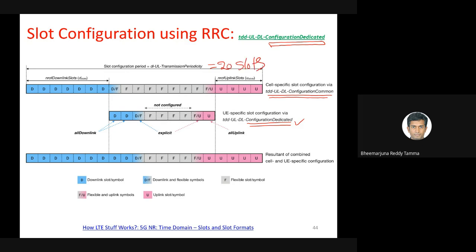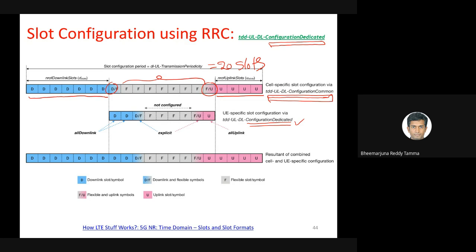These slots are for downlink, these slots are for uplink. These are the 2 special slots, and these are all flexible, which are not yet allocated. That means the base station has not decided at this time how to use these flexible slots, whether for downlink or uplink.